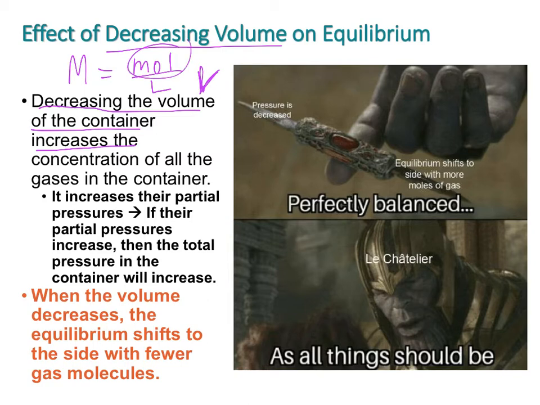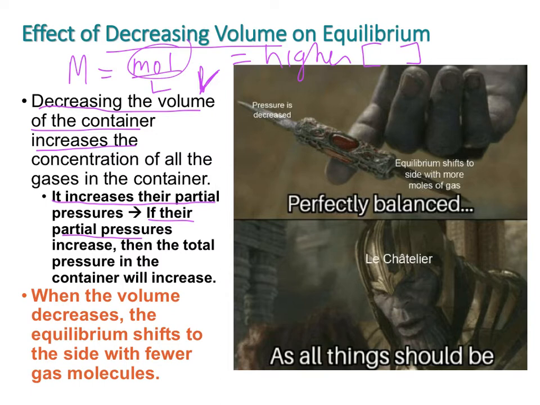If you're dividing by a smaller number, you will get a higher concentration. Brackets mean concentration. So decreasing volume increases concentration. It increases the partial pressures, and if the partial pressures increase, then the total pressure in the container also increases.